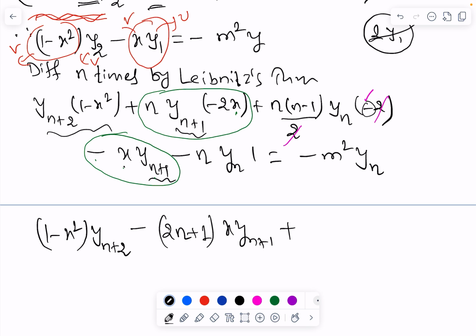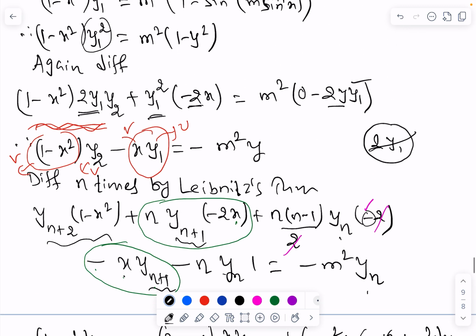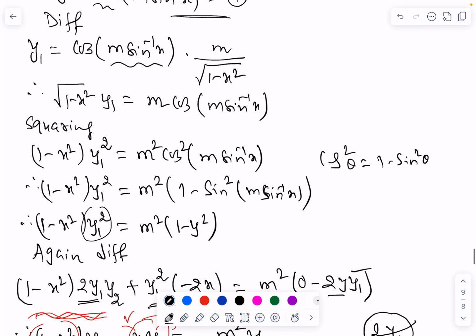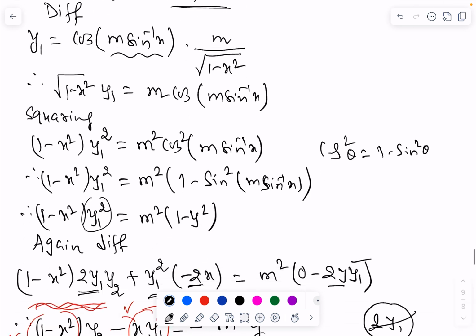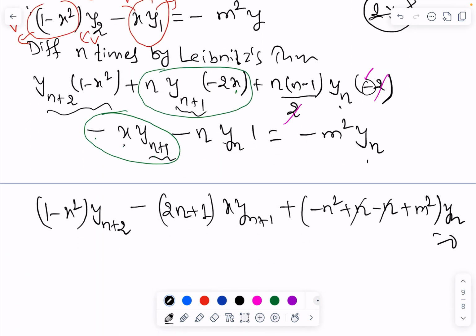So yn is there, yn here, yn here, yn here. So minus n square, minus minus plus n, then minus n and plus m square yn equal to 0. So this cancel, and m square minus n square, yes. So this is the answer.